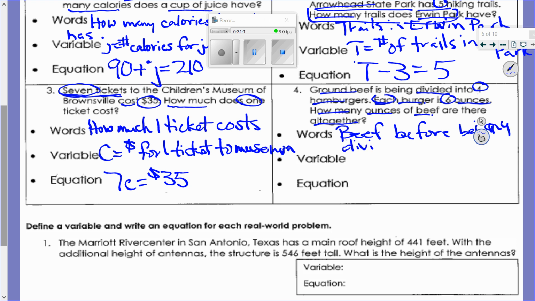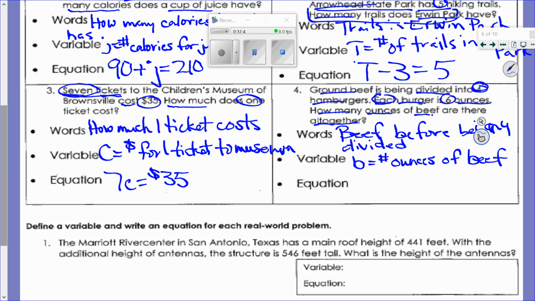So our variable, what do we use for that? B. Just beef. So B, and what does that B equal? The number of ounces of beef. And what do we know? Ground beef is being divided into 4 hamburgers.